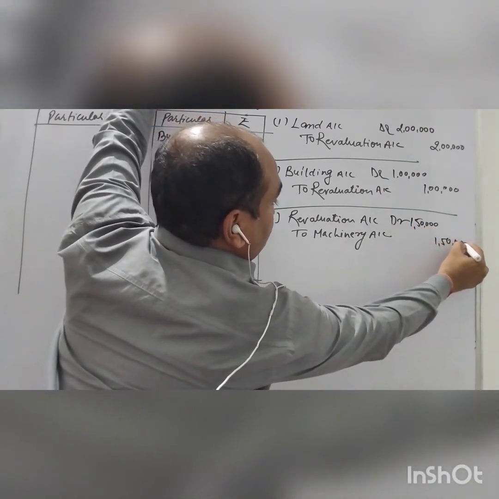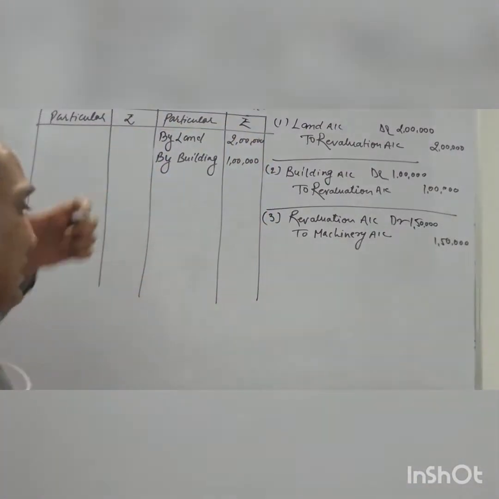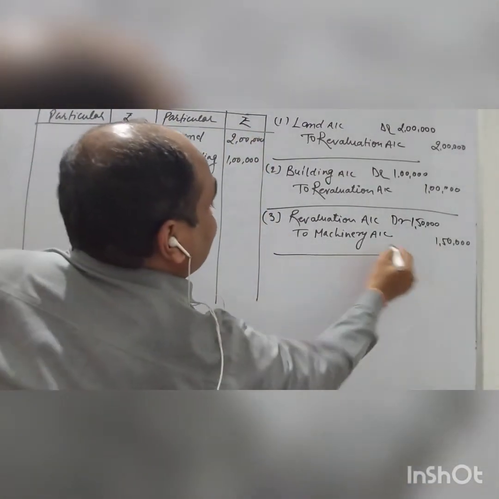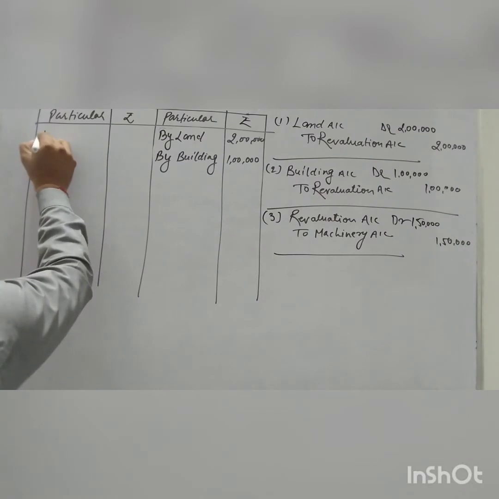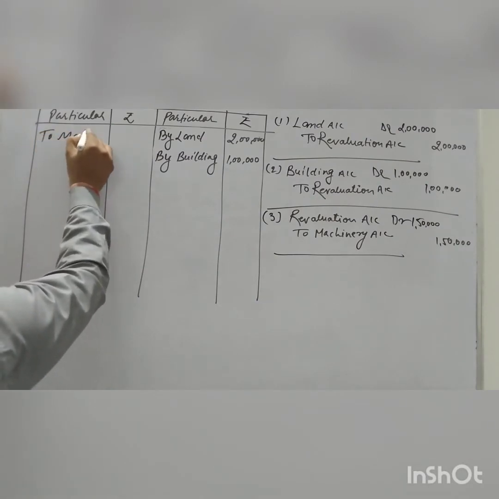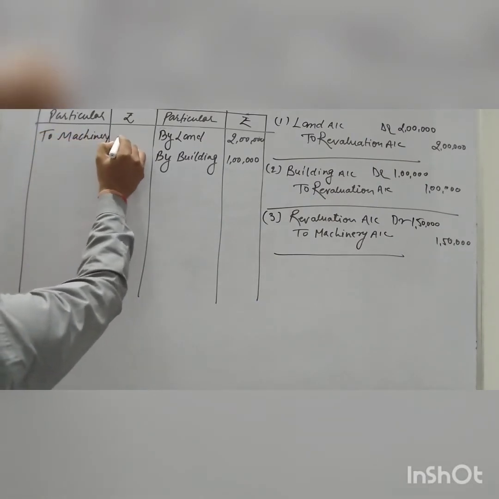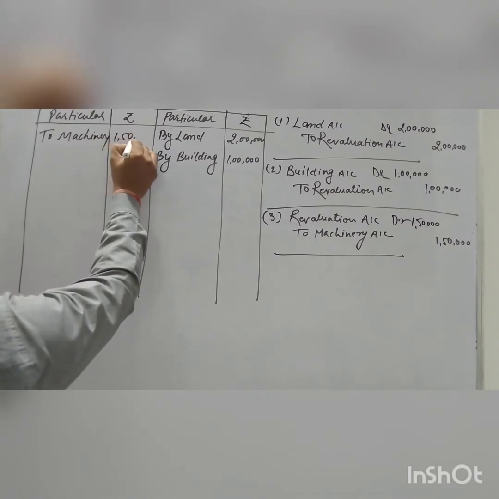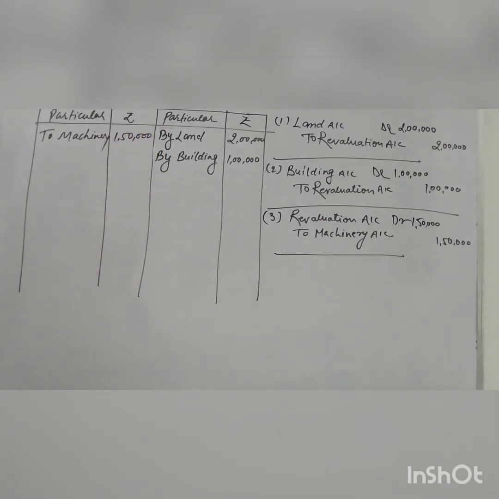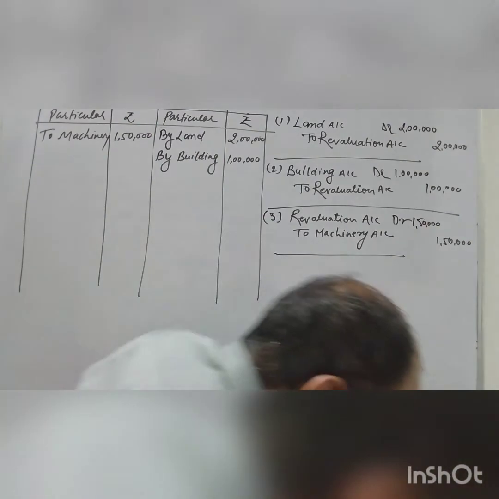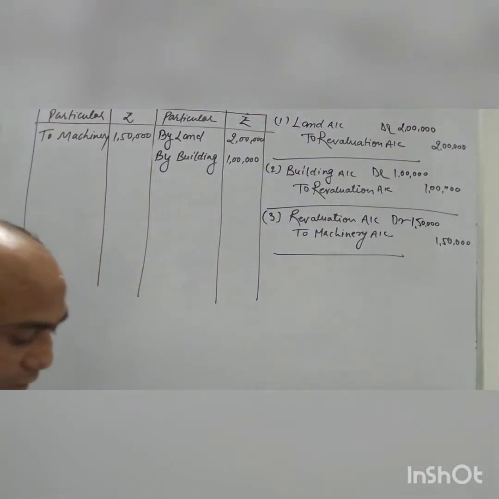Okay. Now you can see the revaluation side is debit side. Then we will post over here to machinery 1,50,000. Okay.